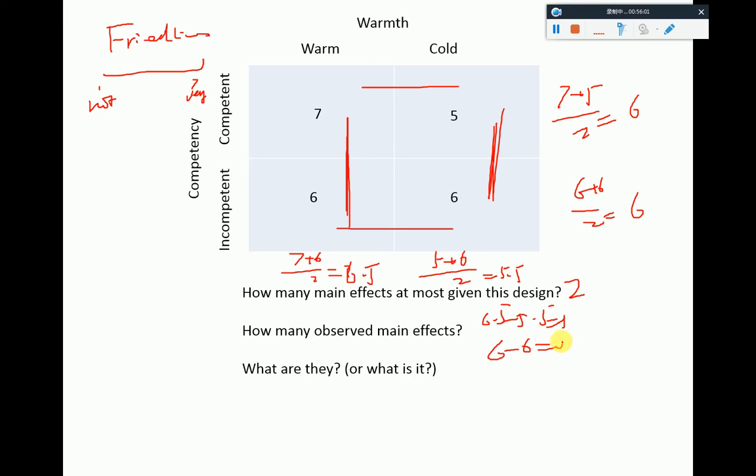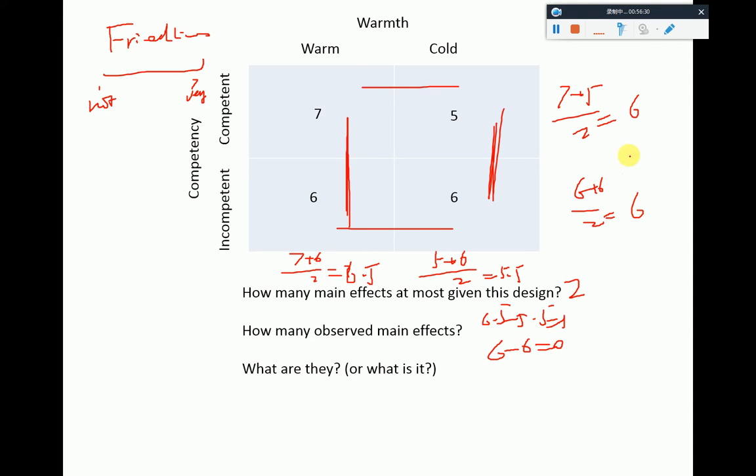That's 0. That suggests that regardless of whether this person is warm or cold, in the manipulation of competency, a person can be described as competent or incompetent, but regardless of the description, the person will be perceived as equally friendly.